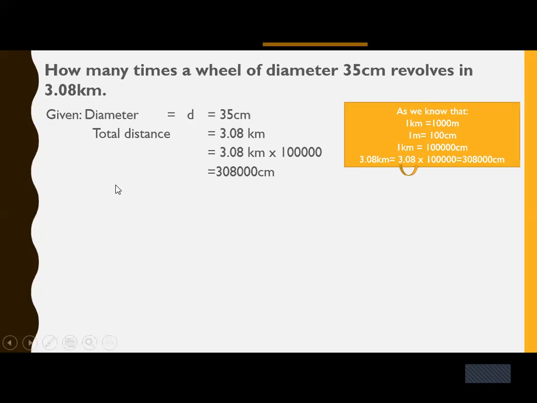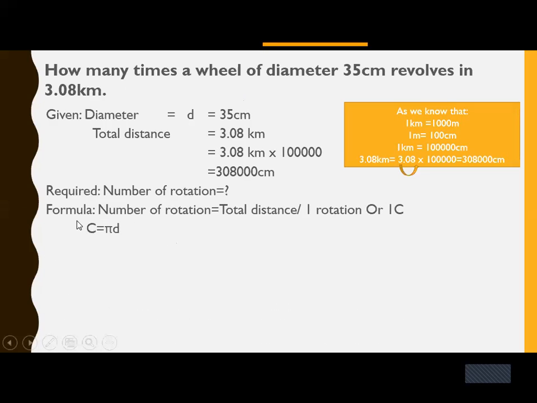So we get the total distance and diameter, and we know what is required here: how many times, that means the number of rotations. The formula is number of rotations is equal to total distance upon 1 circumference. Now students, the diameter is given to you, not the radius, so we are going to use the formula c is equal to pi d.